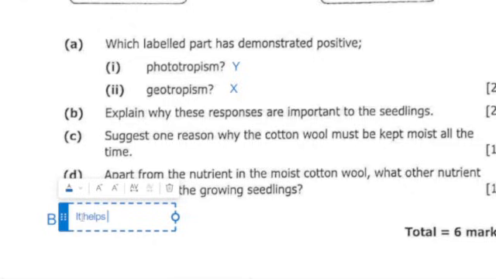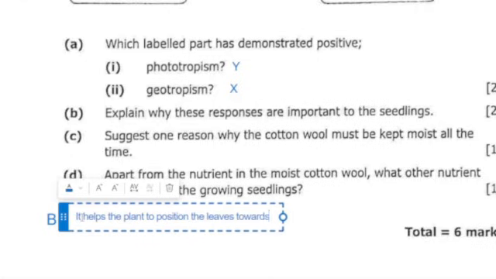it helps the plant to position the leaves towards sunlight.